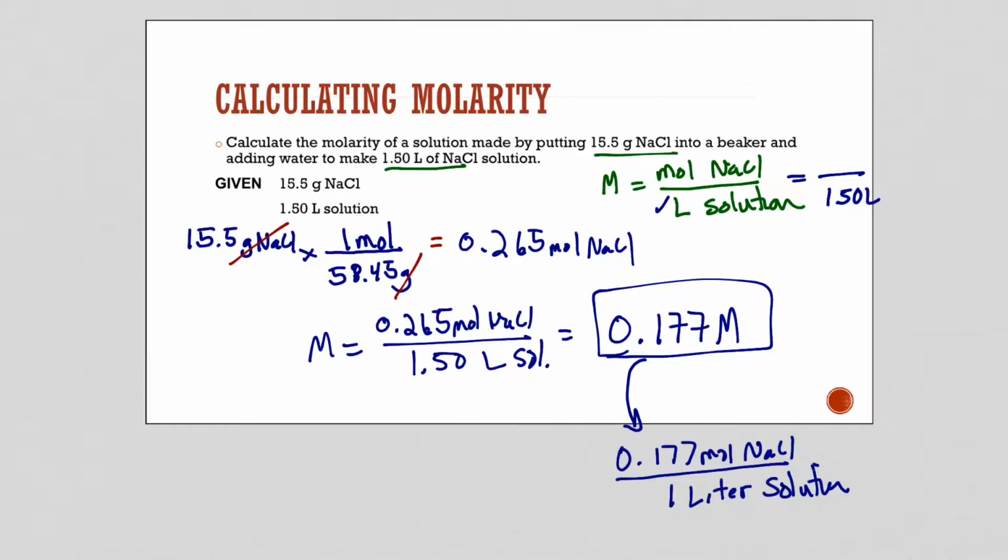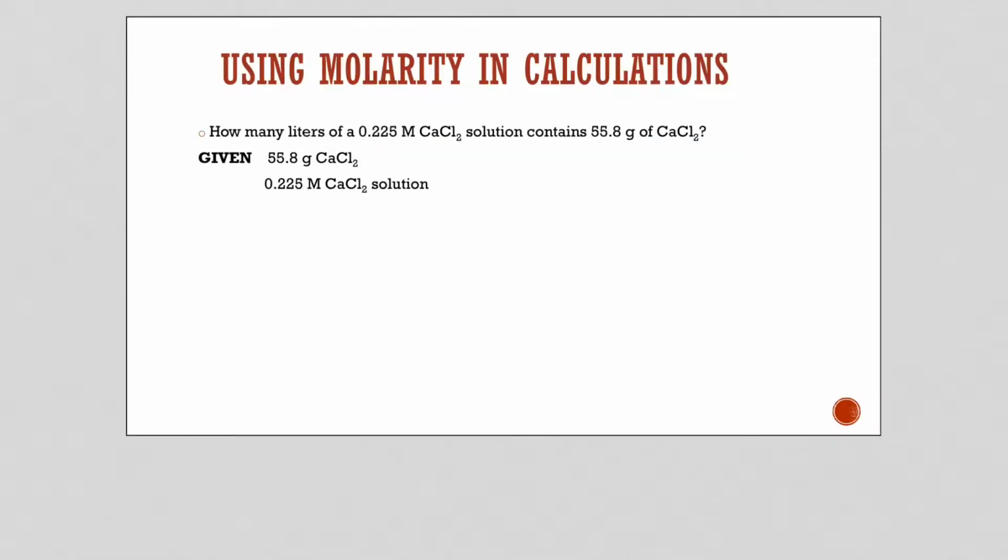So calculating molarity. Just like we saw with mass percent, and as I just kind of alluded to, molarity is often used as a conversion factor. So let's say we have a problem that says how many liters, so we're trying to get to liters here, how many liters of a 0.225 molar calcium chloride solution will contain 55.8 grams of calcium chloride.